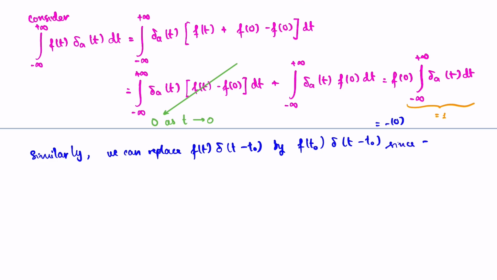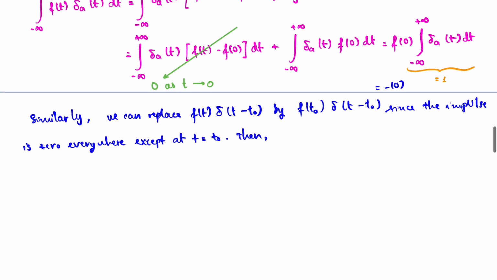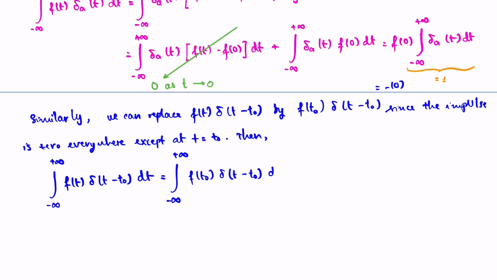Since the impulse function is 0 everywhere except at t equal to t0, you have that the improper integral from negative infinity to positive infinity of f of t times delta of t minus t0 dt is equal to the integral from negative infinity to positive infinity of f of t0 times delta of t minus t0 dt.